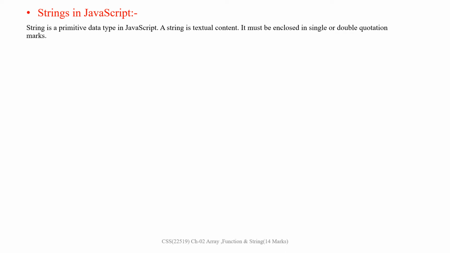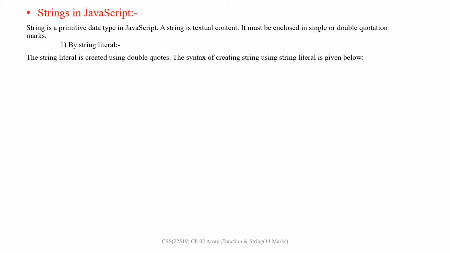A string is a primitive data type in JavaScript. A string is textual content. It must be enclosed in single or double quotation marks. A string can be described by string literal. So first we will see what is a string literal.